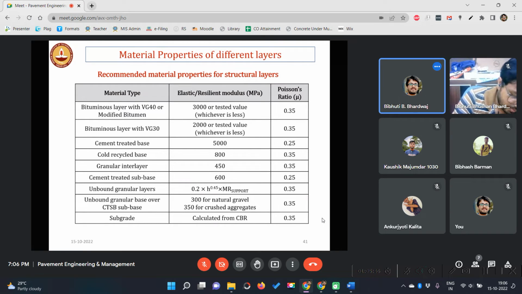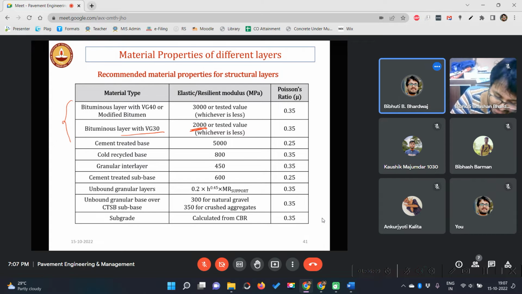For all the layers, first for bituminous mix, this way. If it is VG30, then either you test directly, you do different tests to find out the modulus of resilience or elastic modulus, or in case you don't have it, you consider 2000.